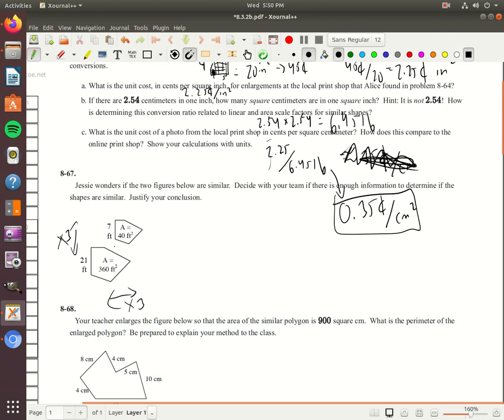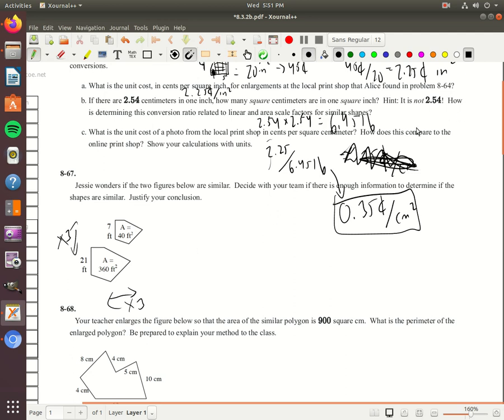You can manipulate the shape and still get the same area but not have it be similar. Remember, similar means same shape and same size, and we don't have enough to prove that it's the same shape. Just because it's a proportional size doesn't mean that the shape goes along with that.